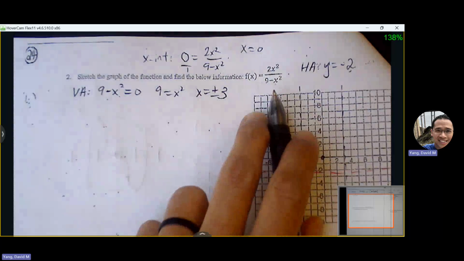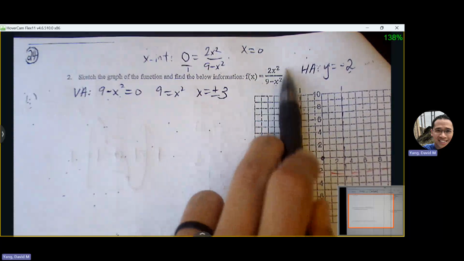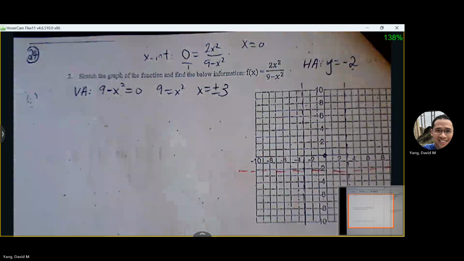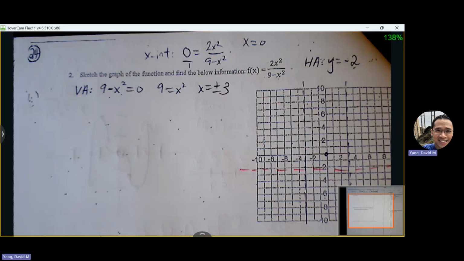Now, if I want to do f prime, what rule do we have to go through? Quotient rule, yeah. Okay, f prime g minus f g prime all over g squared.